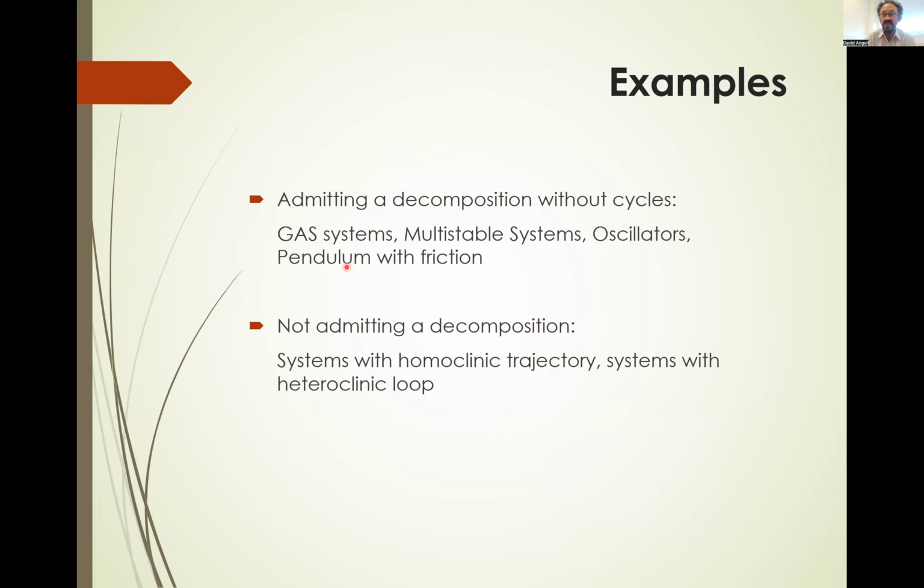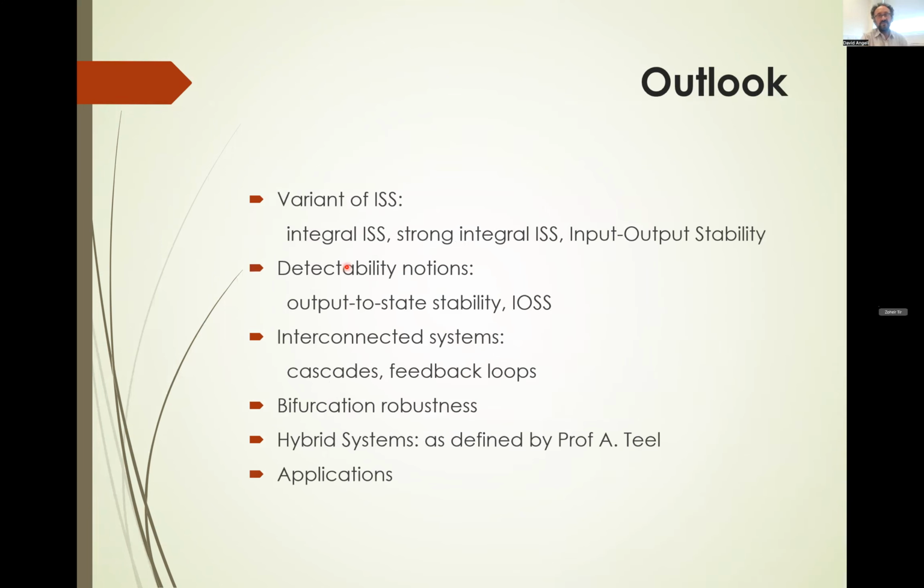But in fact, if you're happy to take all the cycles, so the interconnecting orbits between them, as your new atom, eventually you can find a coarse enough decomposition that will kill the cycle. So you will be able to have no cycles, okay? And so then you can apply your converse Lyapunov theorem, the one I stated before.